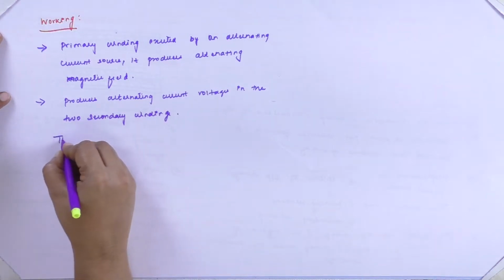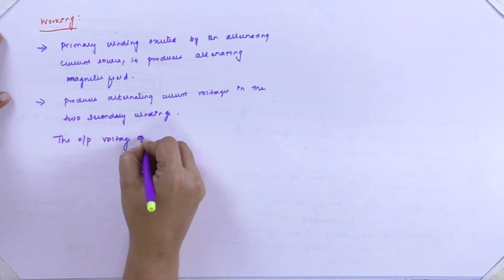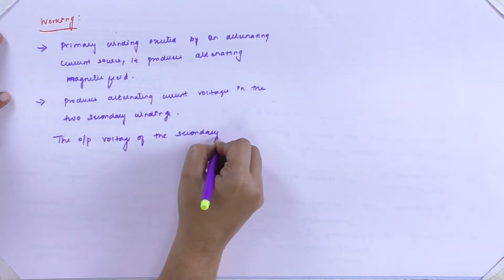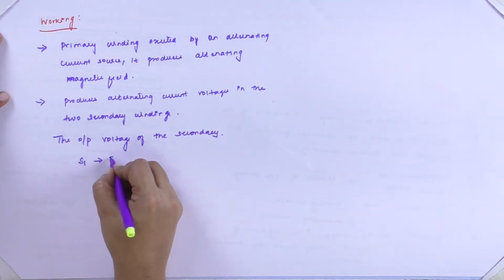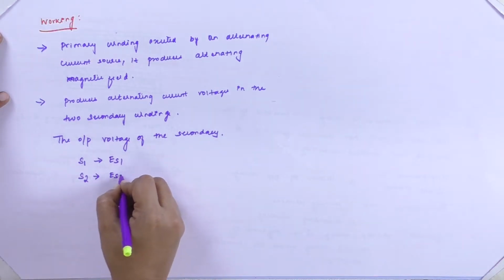So, the output voltage of the secondary winding is given by: secondary winding S1 has the output voltage ES1 and secondary winding S2 has the output voltage ES2.